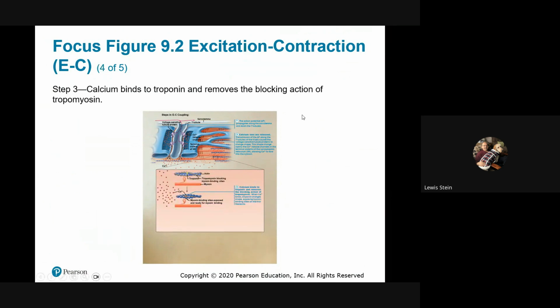What it's going to lead to is this: as the calcium is released and floods in, it's going to alter those troponin plugs. We're going to see the animation that really demonstrates this subsequently. That allows the neat little tropomyosin to slide away and expose those heads.